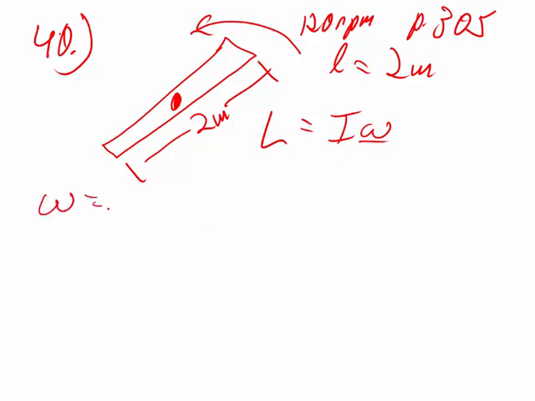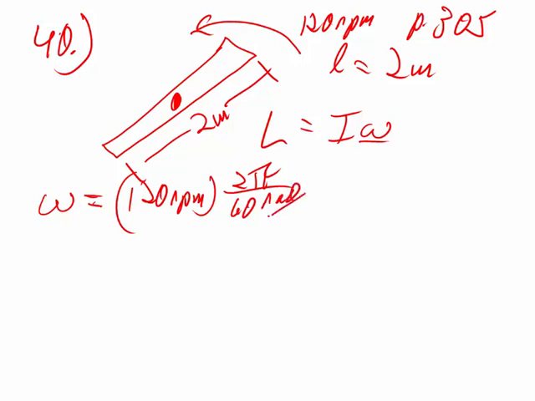Well, angular speed can be found simply by taking 120 RPMs, revolutions per minute. That's 120 times what? Well, we know that 2 pi radians, we got to get it into radians, over 60, because it's in minutes, not seconds.